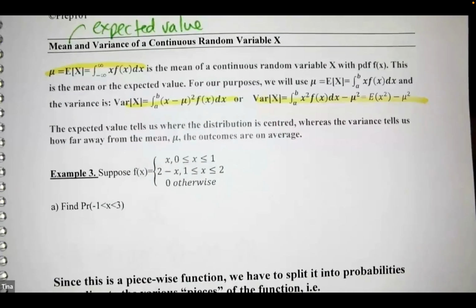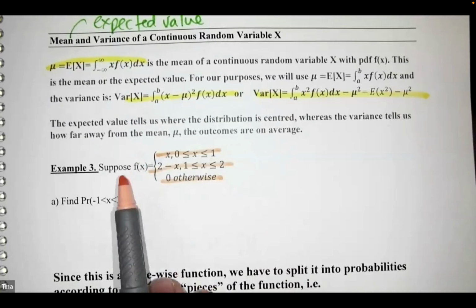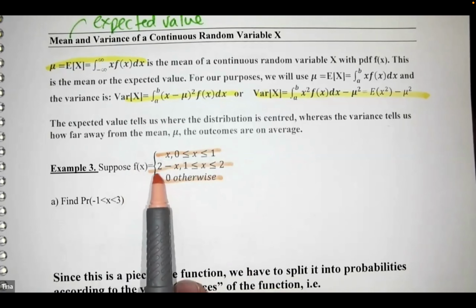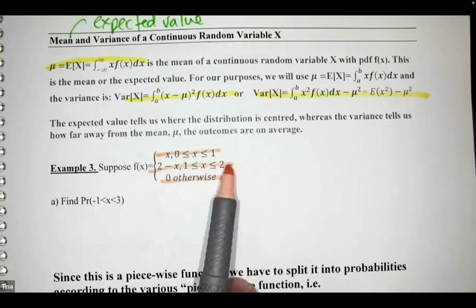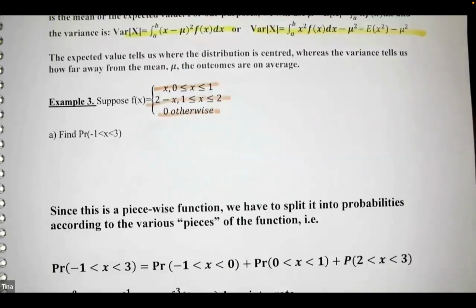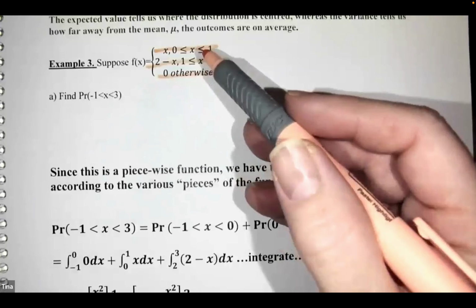So for this one here, it's piecewise, and there's 3 pieces here. So we have f of x is x between 0 and 1. F of x is 2 minus x between 1 and 2, and no area anywhere else. So if we want to find the probability that x is between -1 and 3, we would have to split it up according to this.